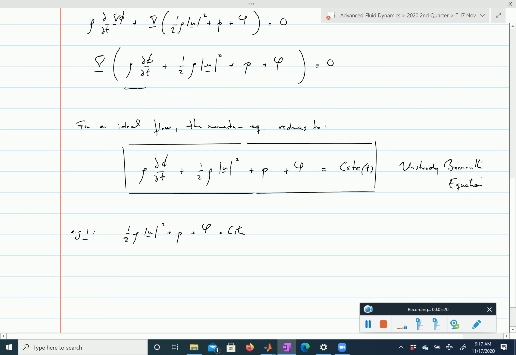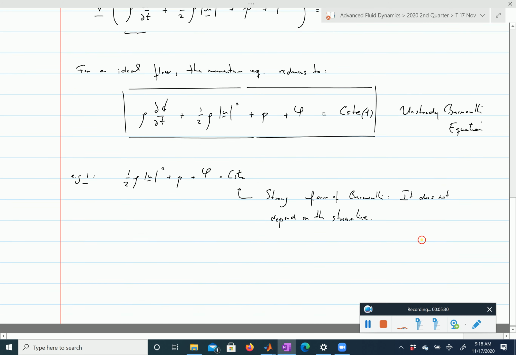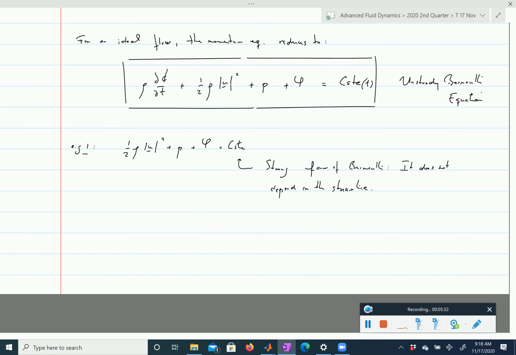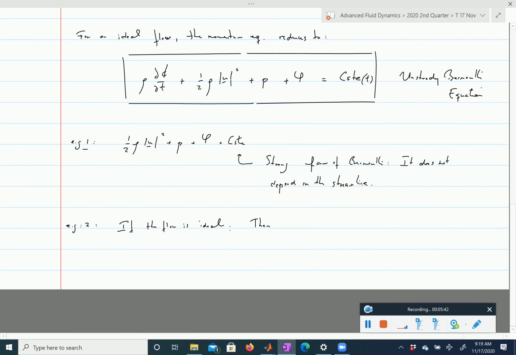So you can identify the constant anywhere you want. You don't have to follow a streamline. So this is a strong statement of Bernoulli, and it does not depend on the streamline. Now note that in general, if you can assume the flow to be ideal, then the unsteady Bernoulli equation is the statement of momentum balance where you want to start.